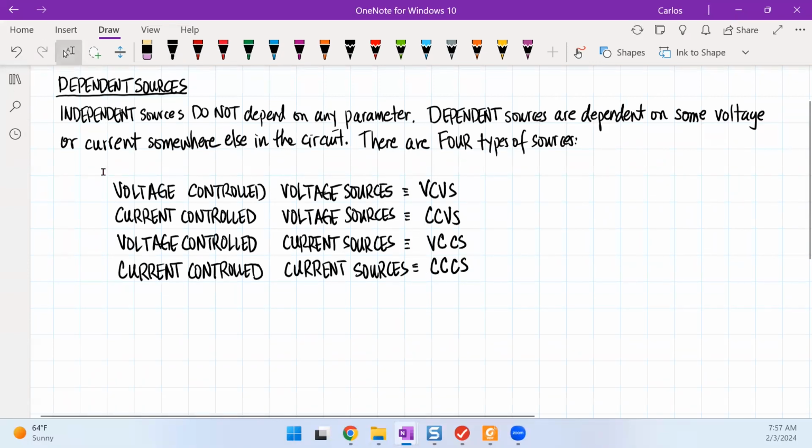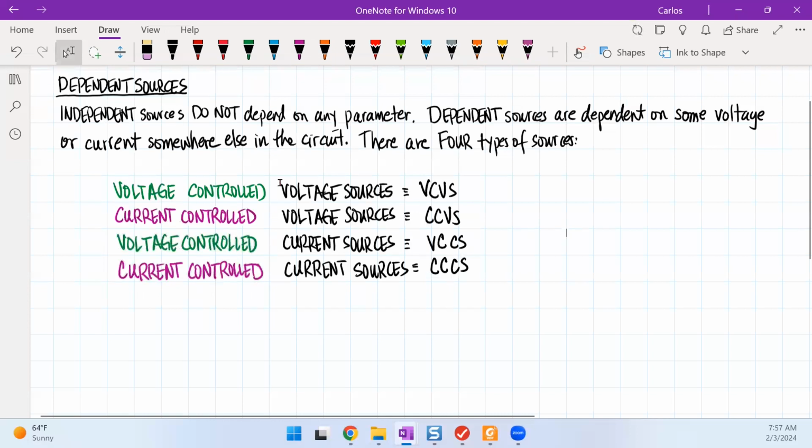Now, to highlight these things, I should say that you could see that there are two controlled by voltages, and there are two controlled by current.